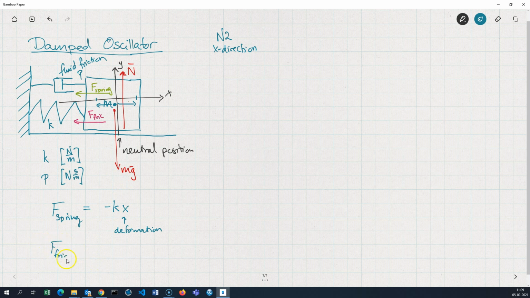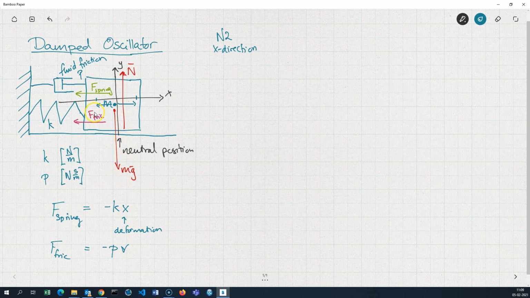For the friction force, let's write that like this. It's almost the same, except it works opposite the movement of the box. It tries to dampen the movement of the box.